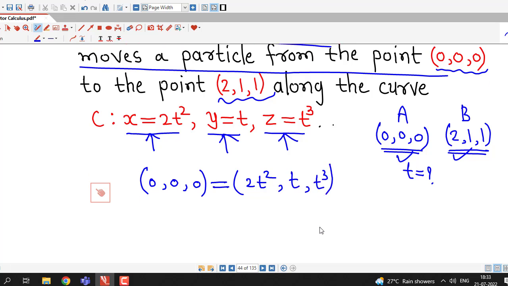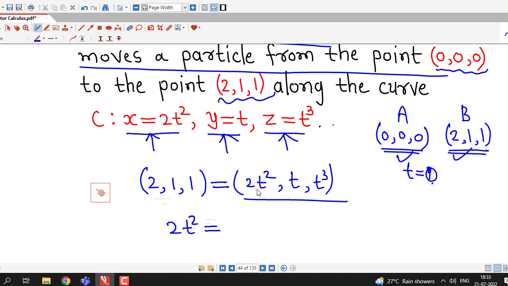So from this we can see that if we take t equal to 0, then we will obtain this point. So this point corresponds to t equal to 0. Similarly, we can compare end point B with this parametric representation. Suppose we compare 2, 1, 1 with this vector 2t square, t, t cube, then we have these equations.